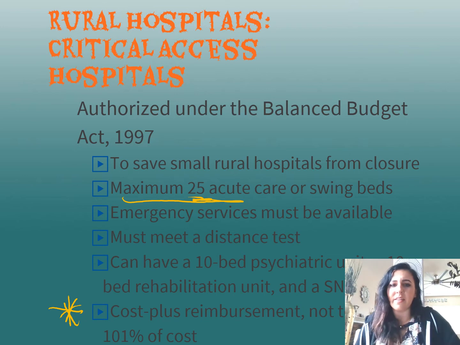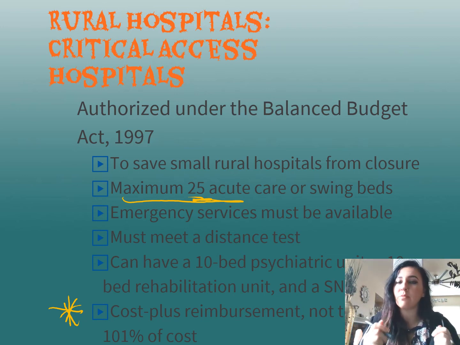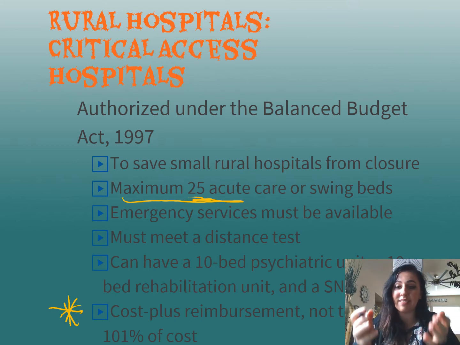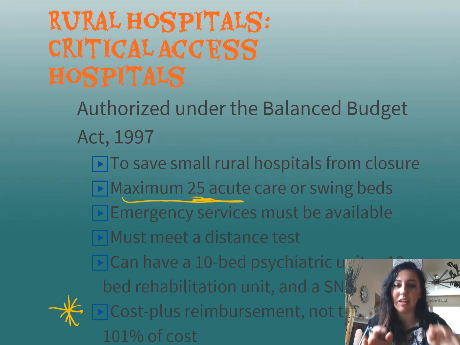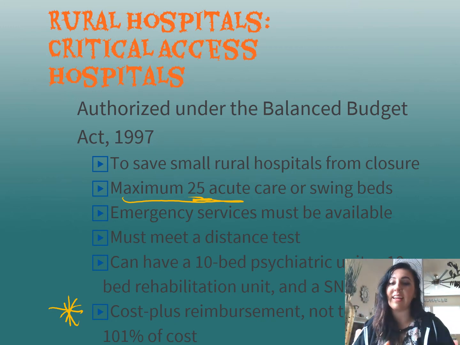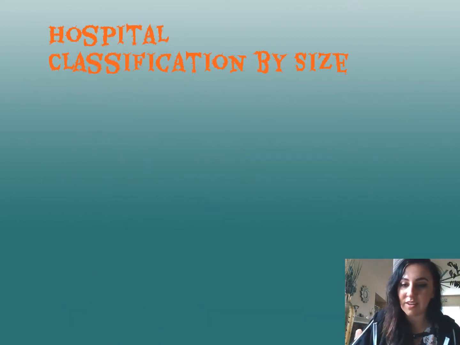So this helped tremendously when the government said, you know what, go ahead and switch back to the cost plus reimbursement. We understand. We need you to stay open, so you do not have to use the new prospective payment system. Just go back to the old one. And it helped them so much.